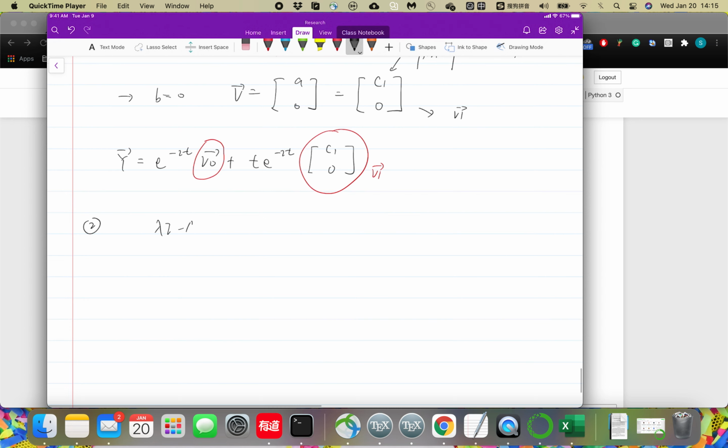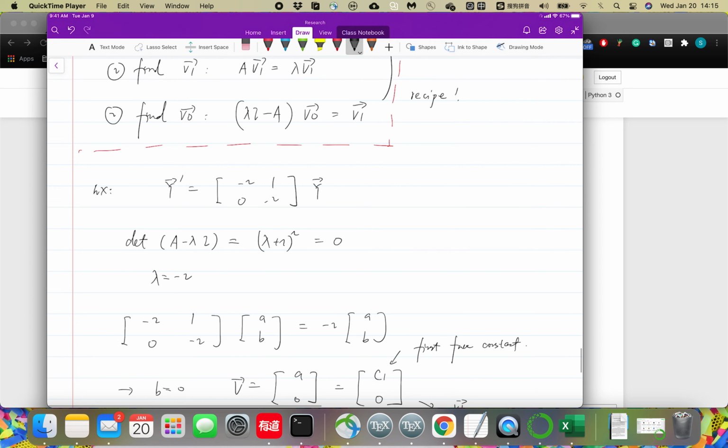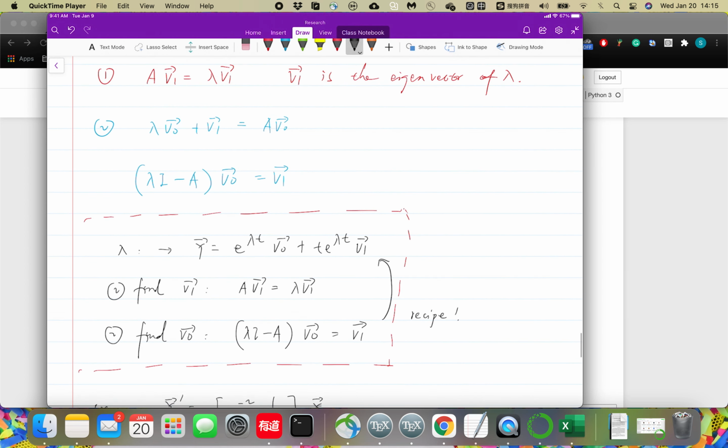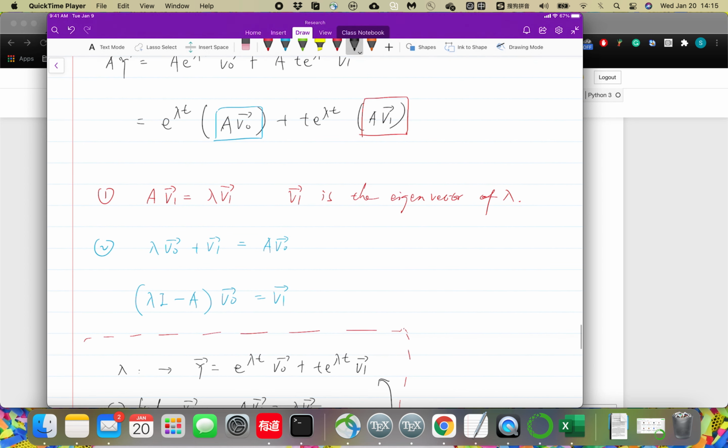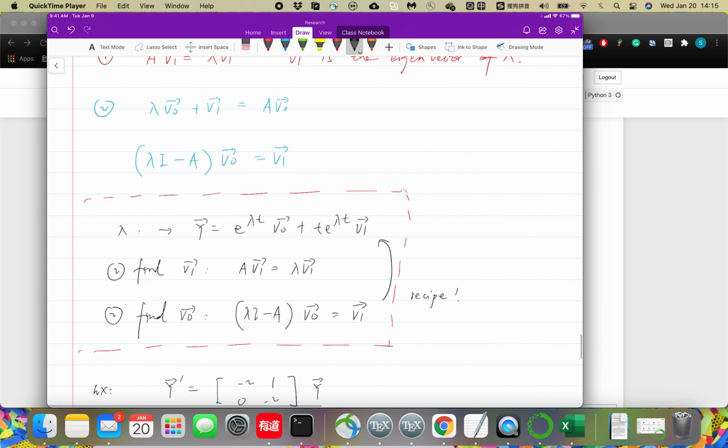We get it from (lambda I minus A) V0 equals... let me make sure I'm writing the right thing. Okay, that's why I feel weird. This is A minus lambda I, because you want to move this one to the other side.